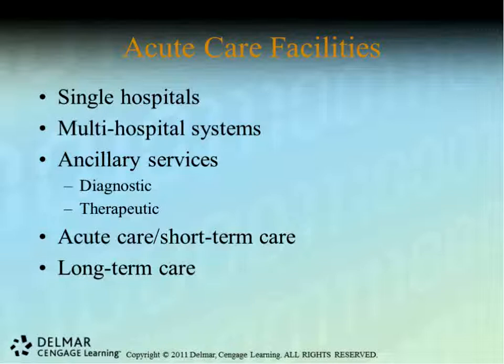Now, when we talk about inpatient stays, they can be either acute care or short-term care or long-term. If it is an acute care short-term, then it's usually less than 30 days. However, with your acute care or your hospital care, it's very expensive. It's pretty much at the top in terms of costliness in the continuum of care.